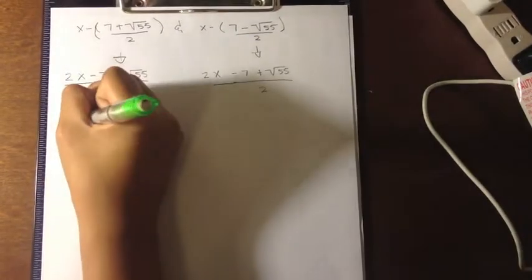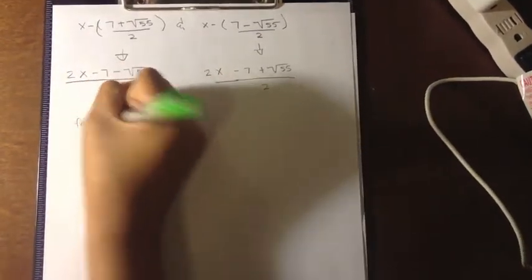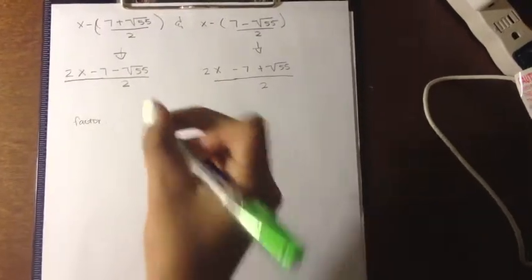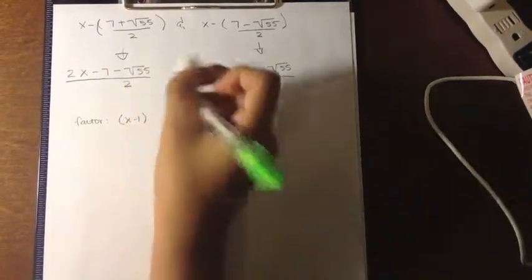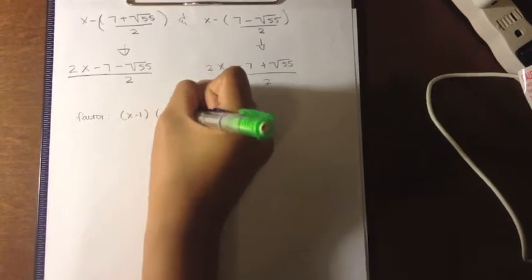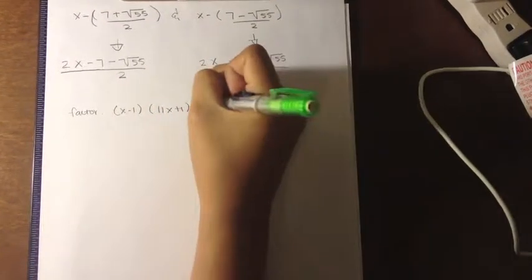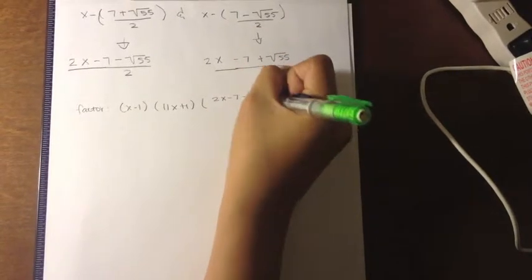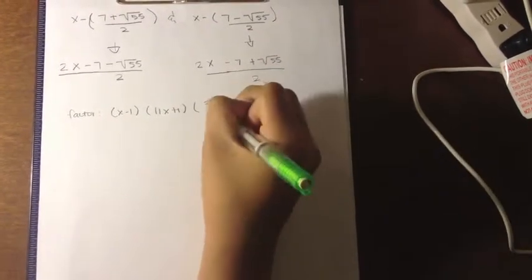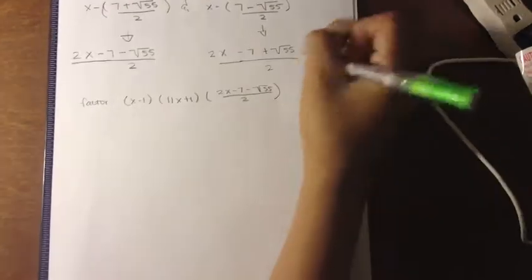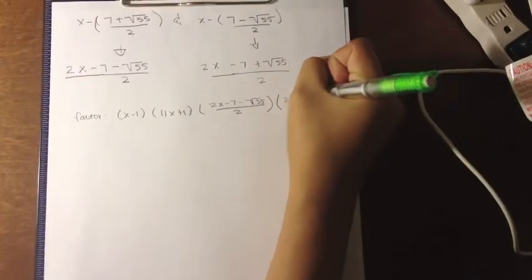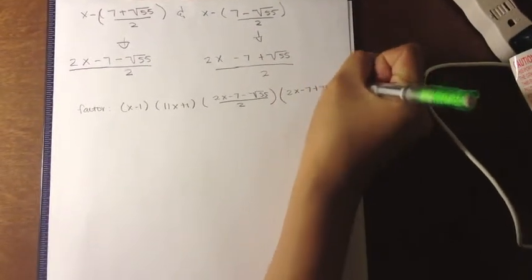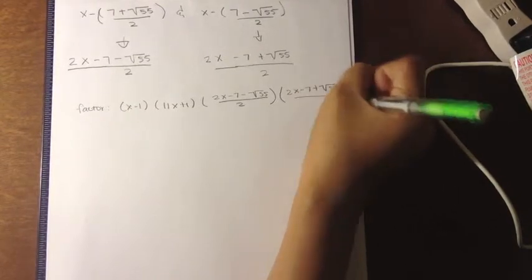So to rewrite it, we can put x minus 1, 11x plus 1, 2x minus 7 minus radical 55 over 2, and 2x minus 7 plus radical 55 over 2.